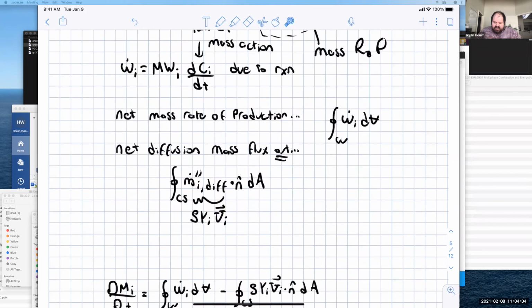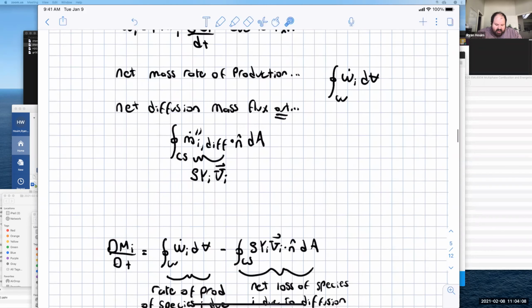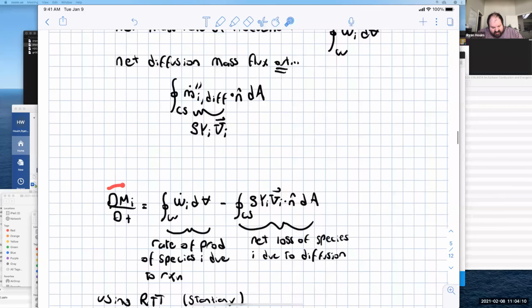Okay, and so taking these two things into consideration, our conservation law for species mass would be: the time rate change of species mass is equal to the production of species i mass due to chemical reaction, minus the net loss of species i mass due to diffusion through the surface.